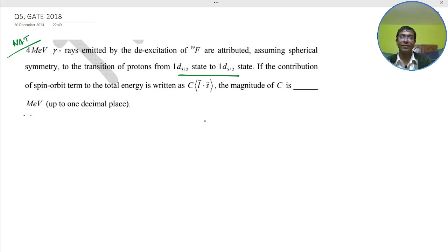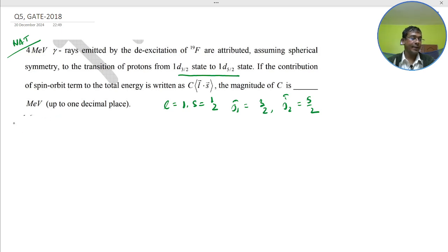So basically, formally here L is 1 and S is half, and J1 is 3 by 2, J2 is equal to 5 by 2.